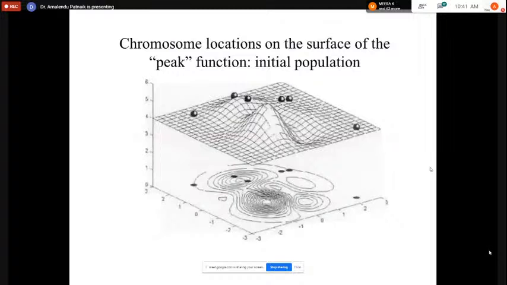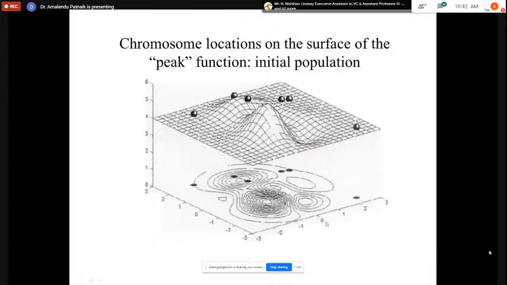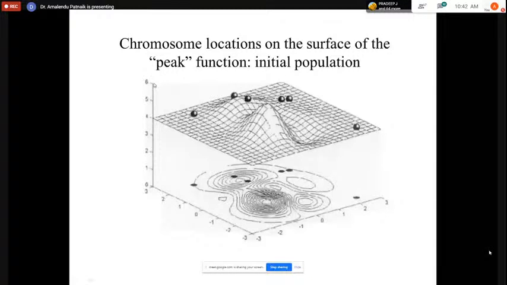So randomly, because both x and y have a range of -3 to 3, in that space, this is the f-axis, this is the x-axis, and this is the axis for y. So randomly you are choosing these solutions.